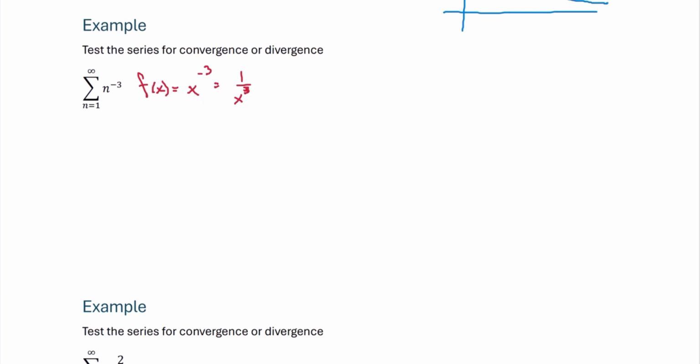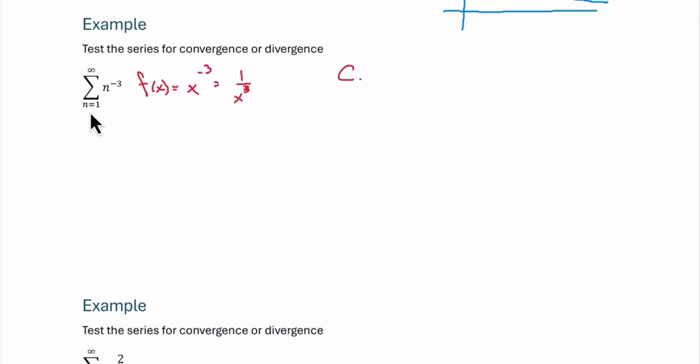But for now, we want to write this as an integral. In order to use the test, we need to make sure that this is continuous, and it is. The only issue we have with continuity is when x is 0, but that's going to be outside of the interval that we're looking at. So we do have continuous.